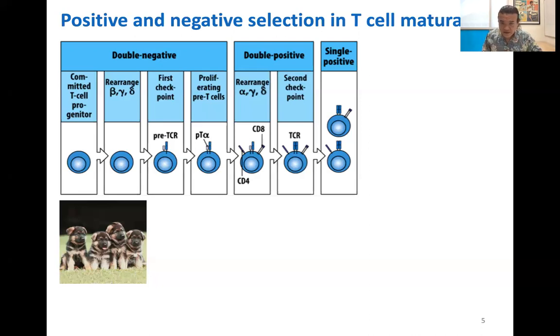And what do I mean by features? It all has to do with how these T cell receptors are going to work to interact successfully with things presented to them by MHCs.